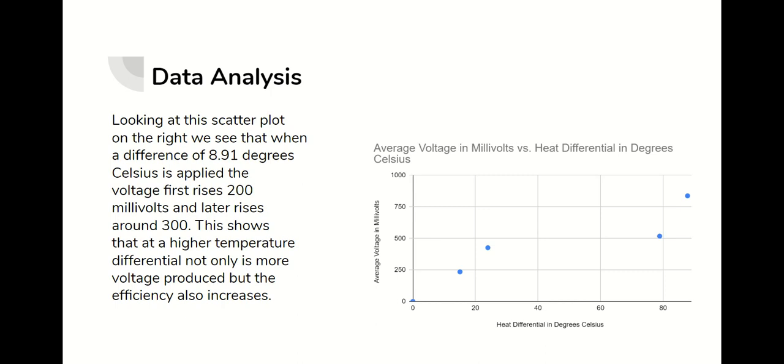So like I said earlier, we wanted to see if the 50 degrees Celsius to 100 degrees Celsius range would produce less voltage than the 100 degrees Celsius to 150 degrees Celsius range. And as we can see, as we go to a higher temperature, it increased from 200 millivolts to 300 millivolts.